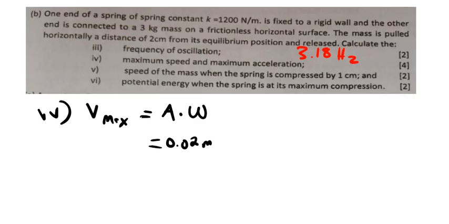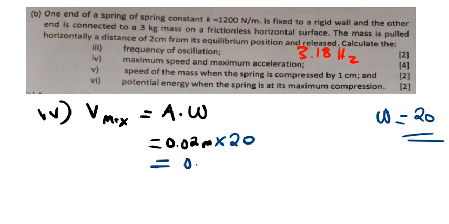What do we have as the angular frequency? We just found that it was 20 radians per second. So we multiply 0.02 by 20. Okay, that is what?